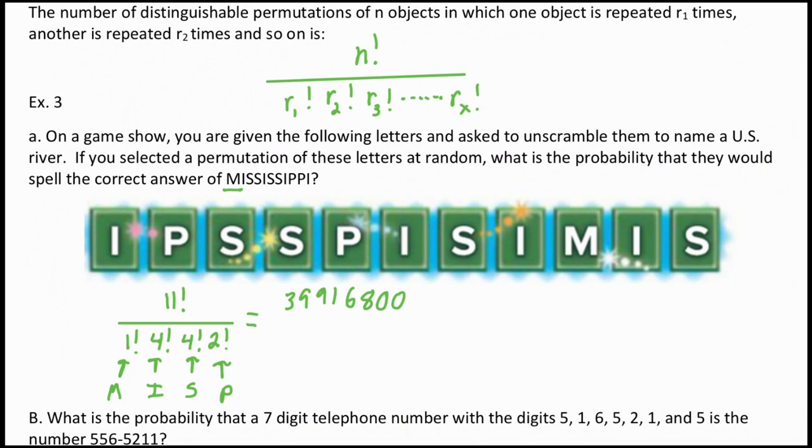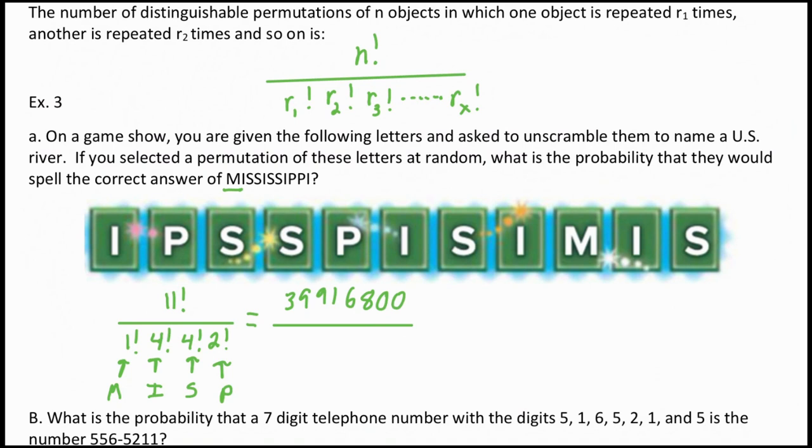Okay. So then we've got to think about the denominator, right? What's 1 factorial? 1 factorial is 1. Do we understand that? Okay. So really we need to do 4 factorial, 4 times 3 times 2 times 1, times 4 factorial, 4 times 3 times 2 times 1, times 2 factorial, 2 times 1.